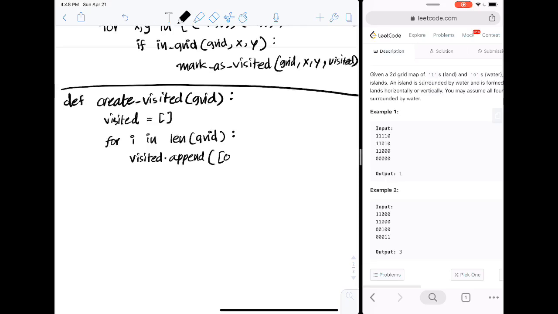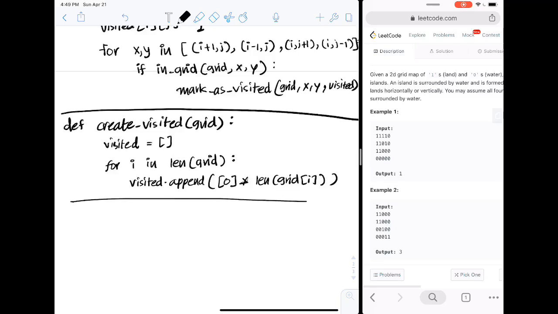So basically I am making an array of zeros equal to the length of grid of the ith index. So this way, even if the map is not a perfect square, which is the case in the example inputs, your code should still work.